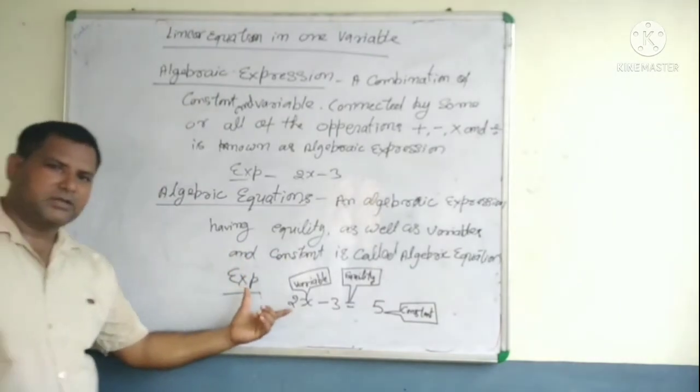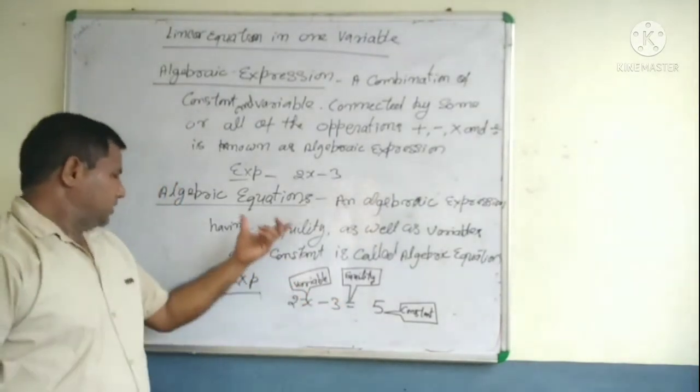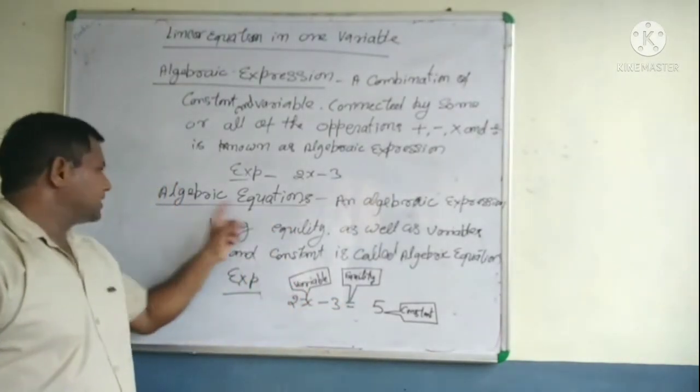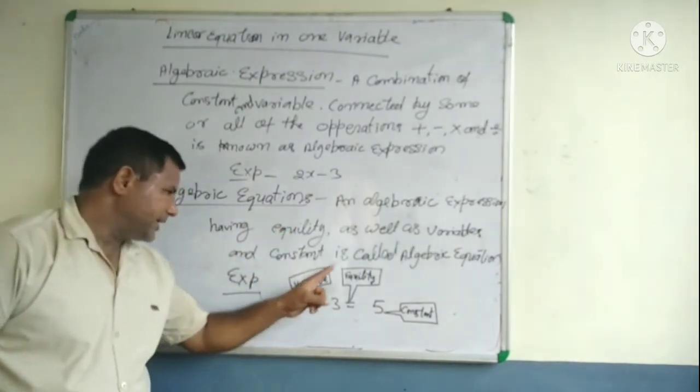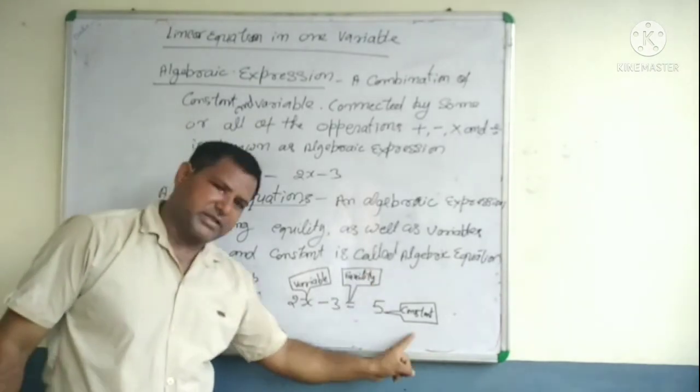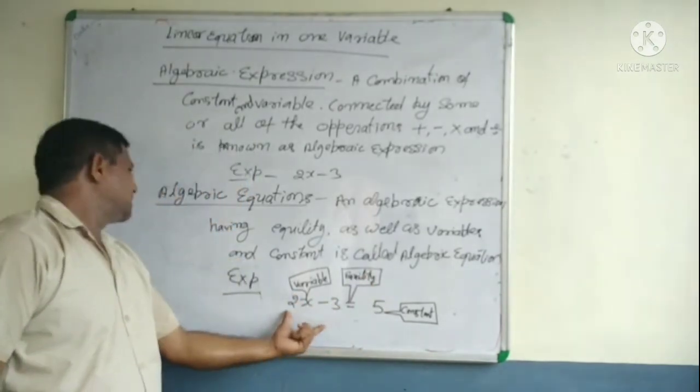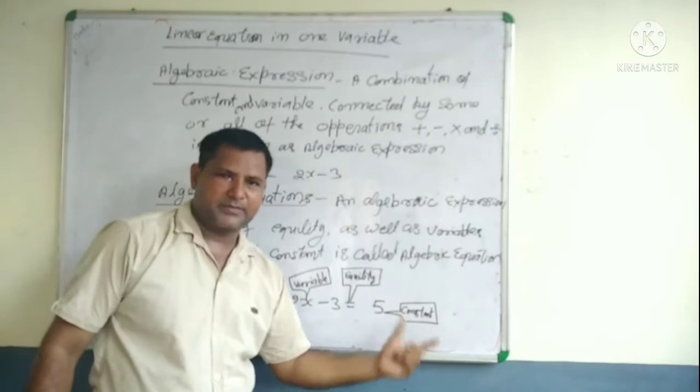In this way, we see that in algebraic equations, there are variable terms, an equality sign and constant terms. So it is called an algebraic equation.